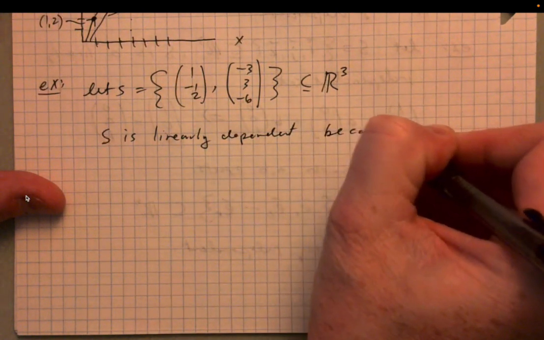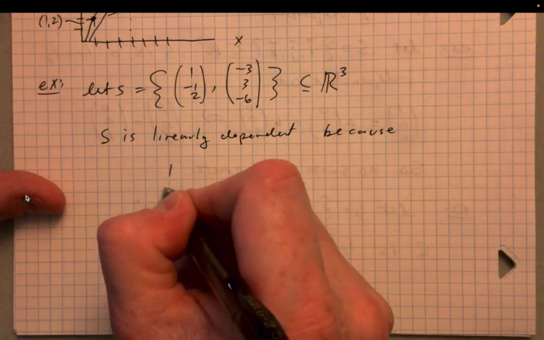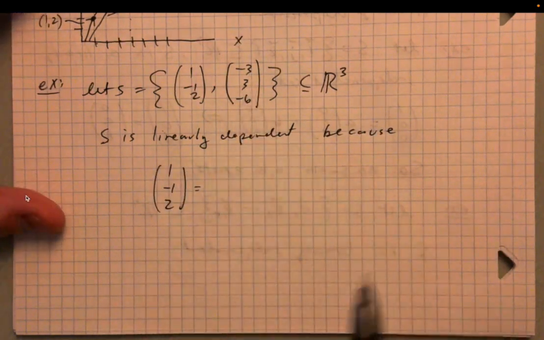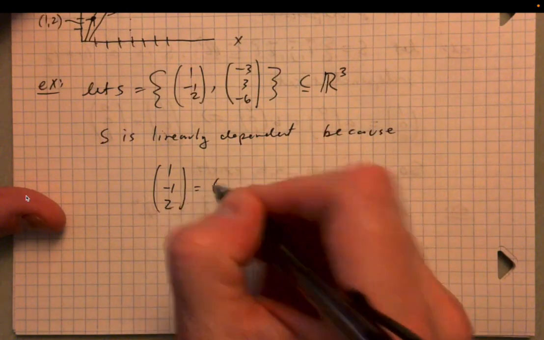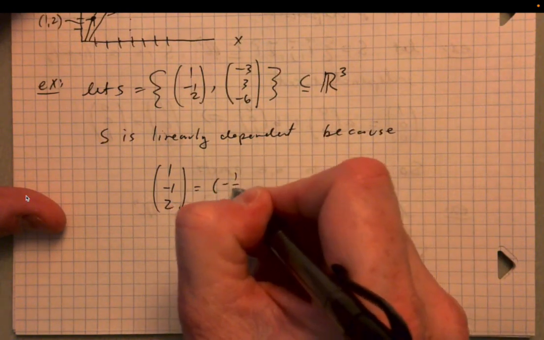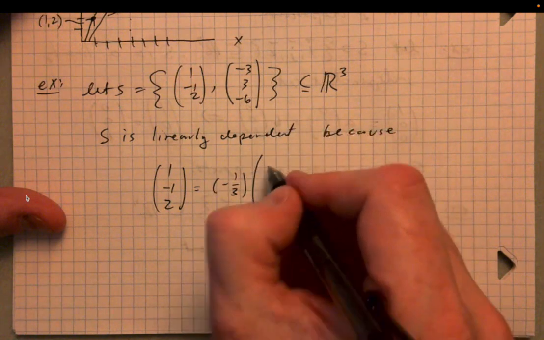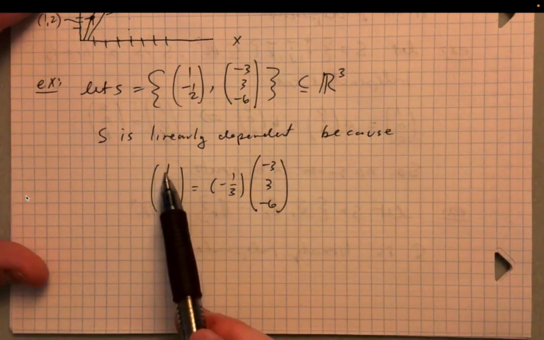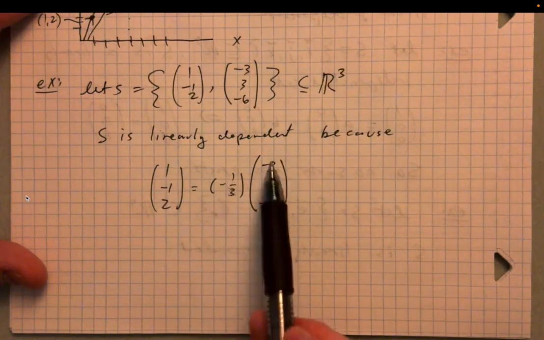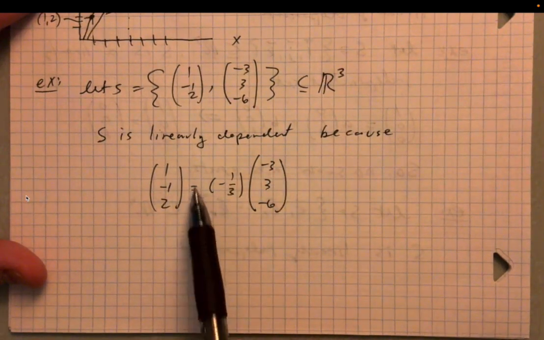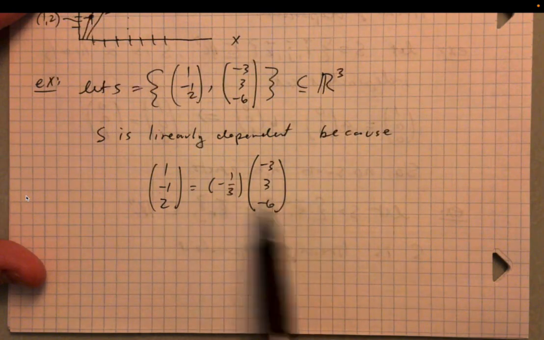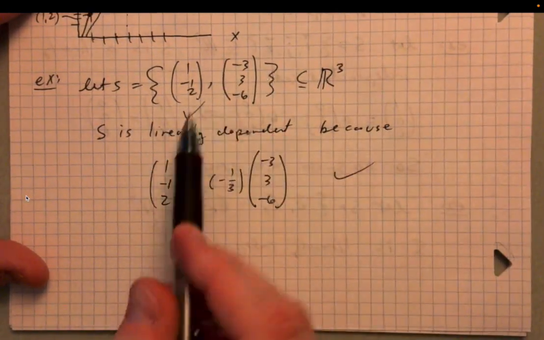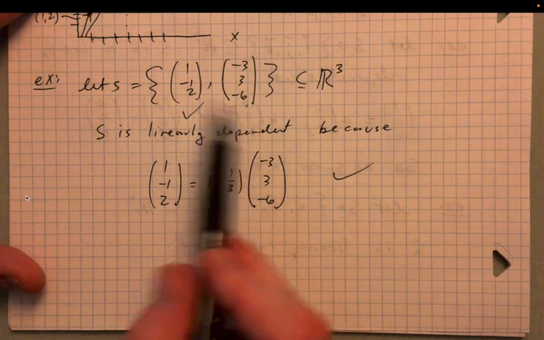It's linearly dependent because the first vector, (1, -1, 2), is actually a scalar multiple of the second. It's equal to -1/3 of this guy. So 1 is indeed equal to -1/3 times -3, and -1 is equal to -1/3 times 3. So we're able to express this guy in terms of this guy.